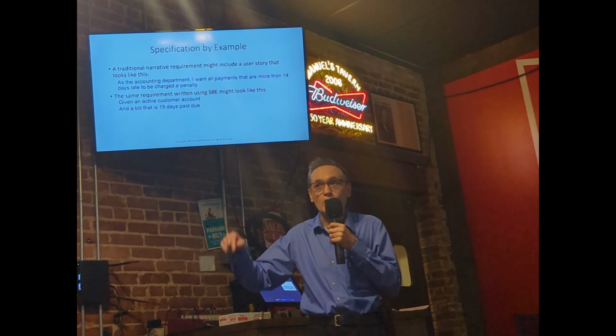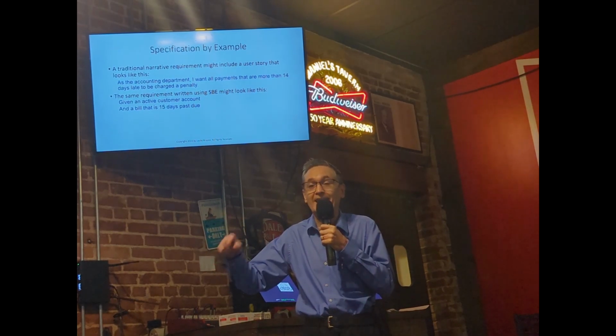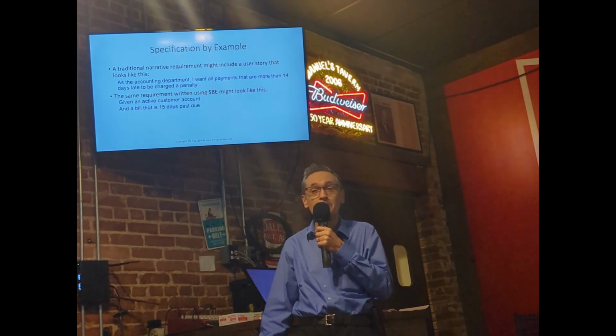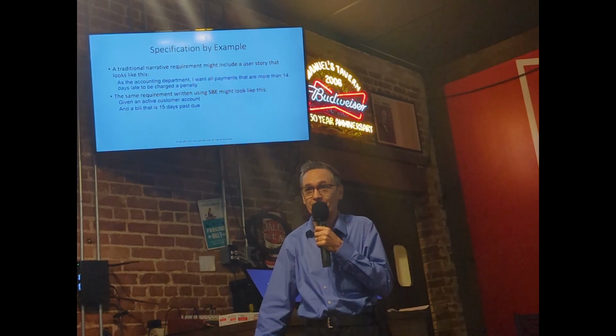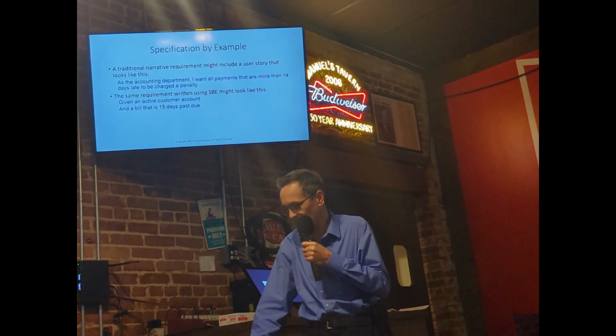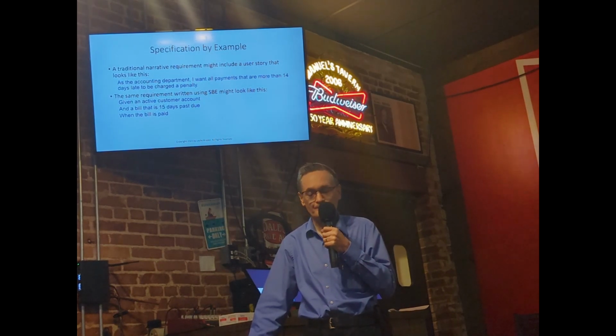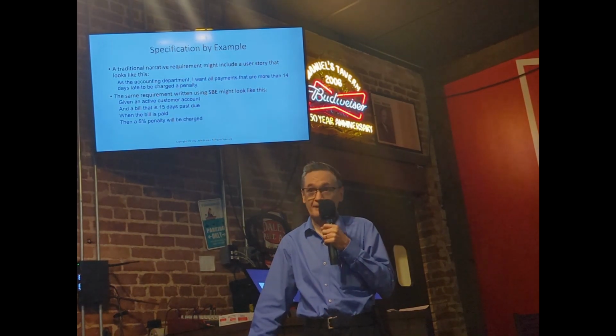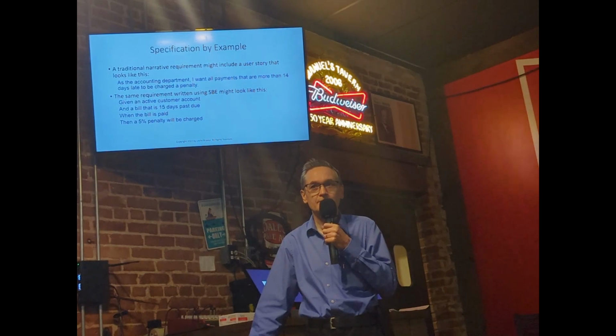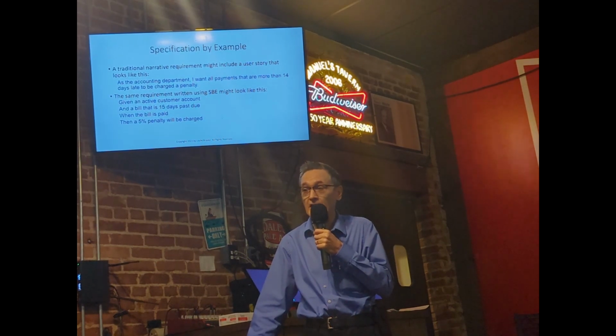That is a concrete, discrete example. It doesn't say more than 14, it says 15 days past due. When the bill is paid, then a 5% penalty will be charged. It's really tough for the developer to misunderstand that requirement.